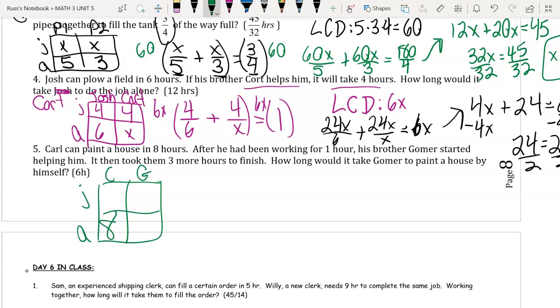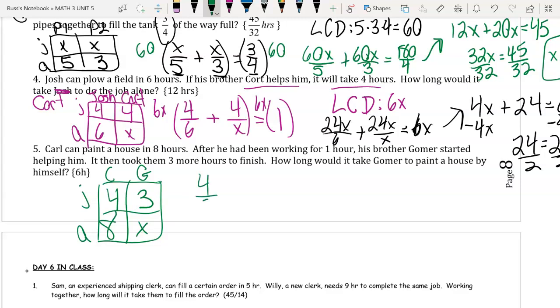This was a little tricky. So Carl worked 1 hour, and then 3 more, so Carl worked for 4 hours. Gomer only worked for 3 because he showed up and they worked for 3. So what we don't know is how long it'll take Gomer to do the job by himself.